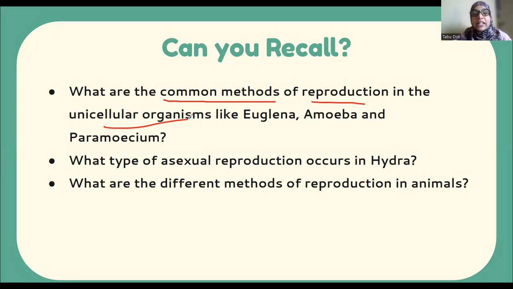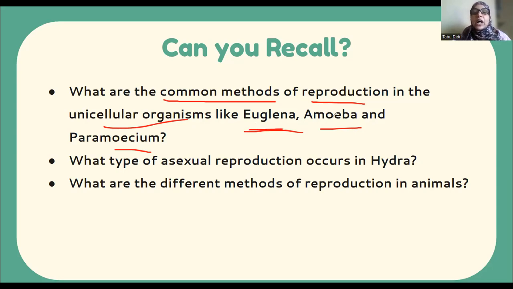You have been studying this since secondary, and then in 11th also we covered this. How do unicellular organisms like Euglena, amoeba, and paramecium reproduce? Giving you half a minute, you can pause the video and try to recollect and answer this.